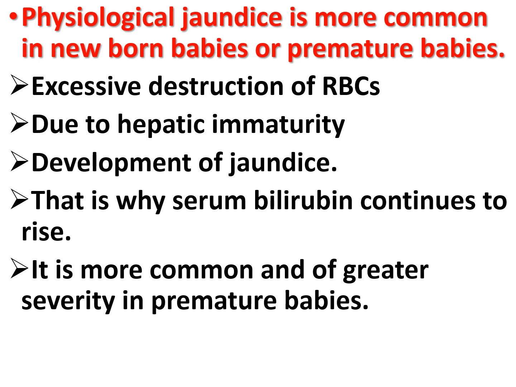Therefore, the liver is unable to deal adequately with this increased amount of bilirubin during the first 10 days of life, causing development of jaundice. That is why the serum bilirubin continues to rise after birth to a peak, which is generally reached during the first week, and then it declines. It is more common and of greater severity in premature babies.